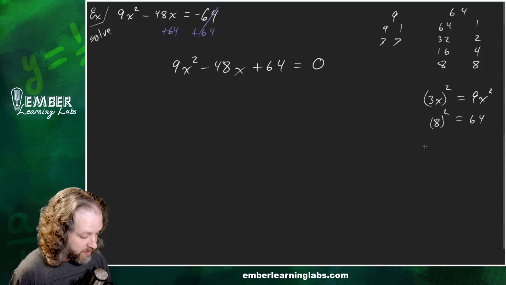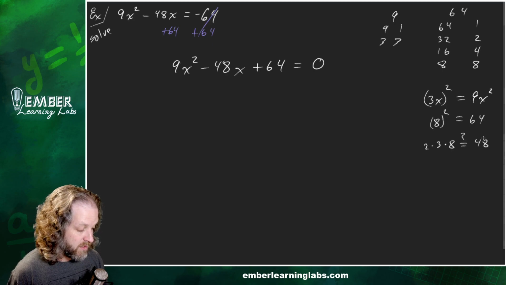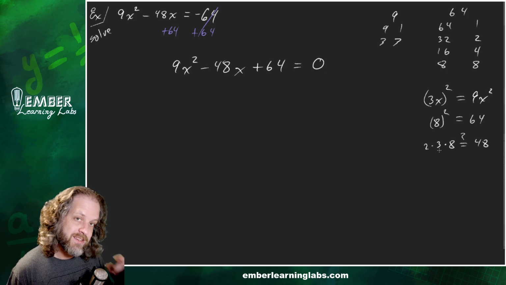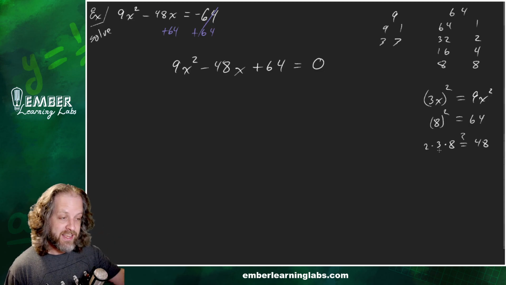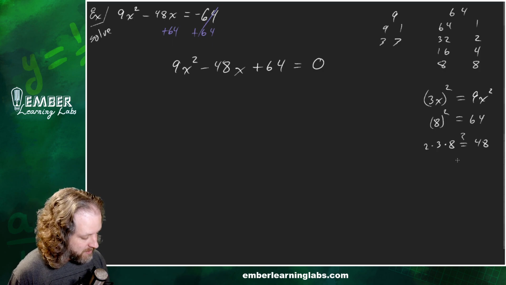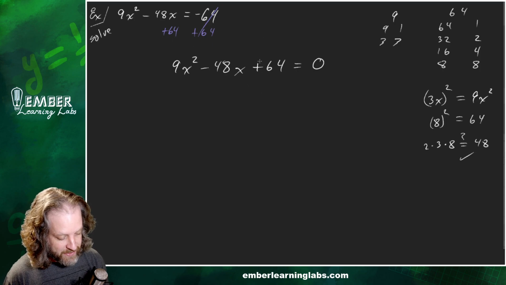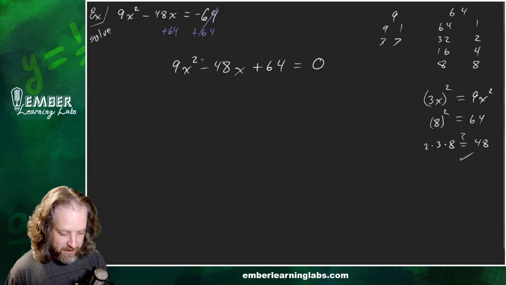So does 2 times 3 times 8 equal 48? Well, 2 times 3 is 6, and 6 times 8 is 48. Wow. Yes, it works. So this is a perfect square, and we don't even hardly have to think.